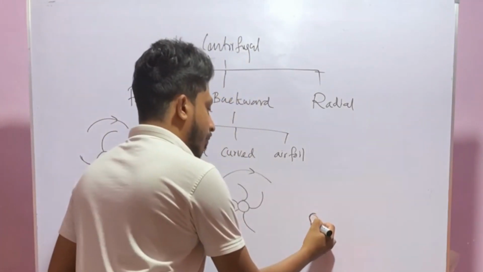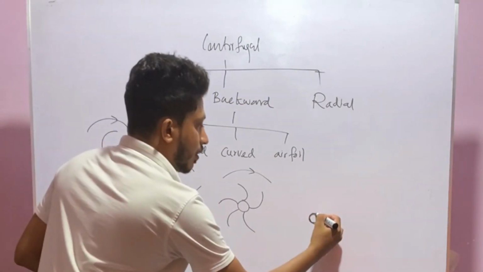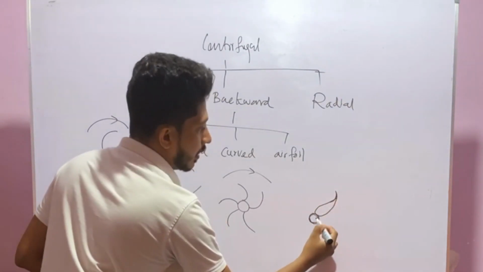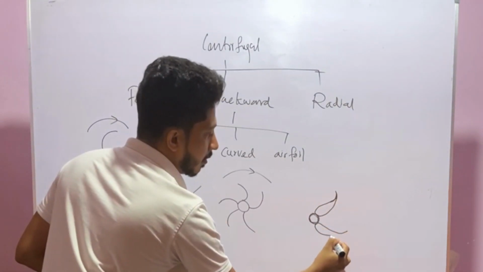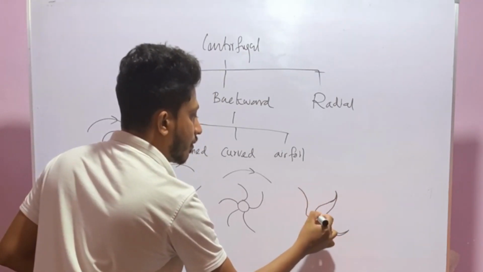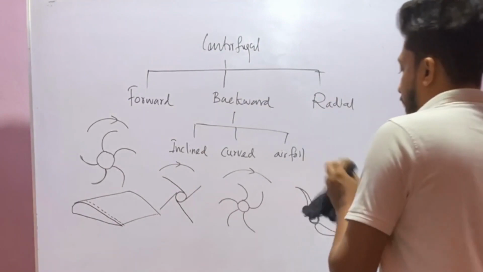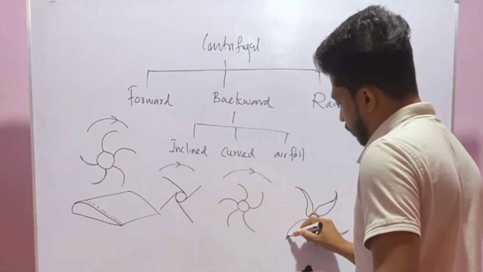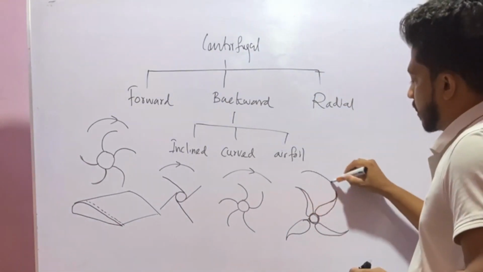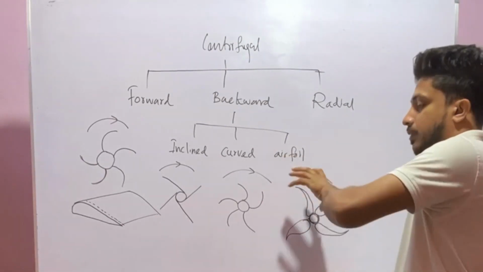So the impeller is made up from this small slice. So those are the impellers of the airfoil type fan. So that is airfoil. Something like this. So rotation to this direction and they are bent towards this direction.